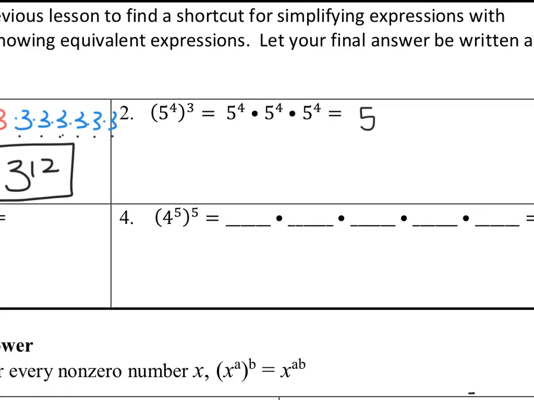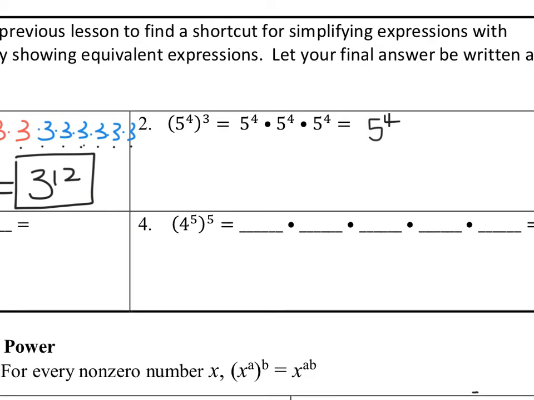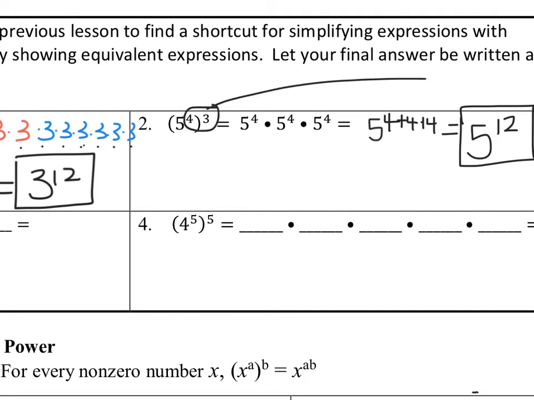So it would be 5 to the 4 plus 4 plus 4, and we would get 5 to the 12th, and that's our final answer. We're not going to evaluate that. So we're looking for a shortcut on how to go from here to here while skipping this step in between. That's what we're looking for.